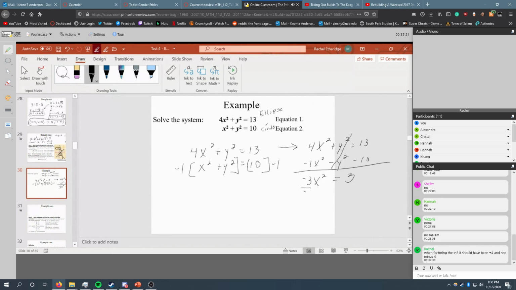If I divide by -3, I get x squared equals -1.